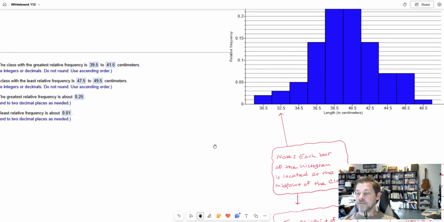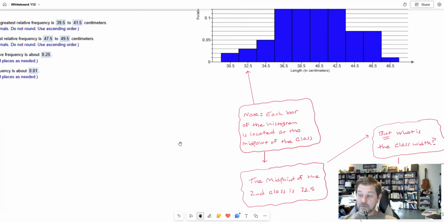How do I figure it out? So let's do this. I have told you that each of these bars is located at the midpoint of the class. Okay, so for example, the second class, let's say it's 32.5. This class that has the highest frequency, 40.5, and so on.